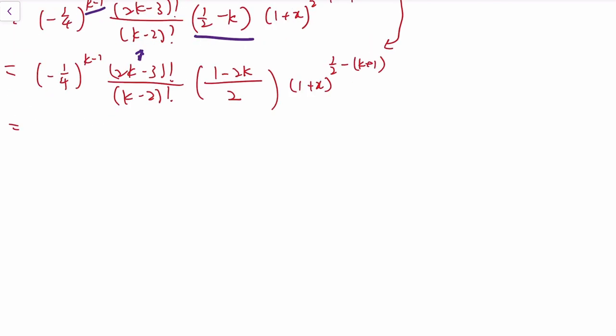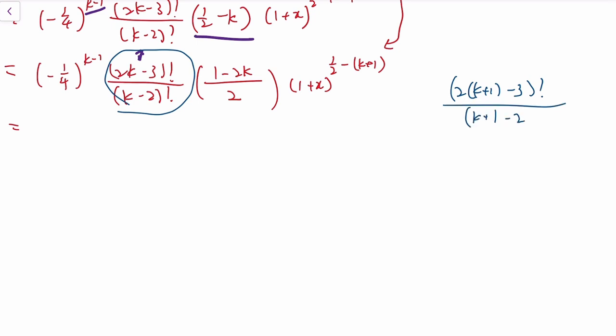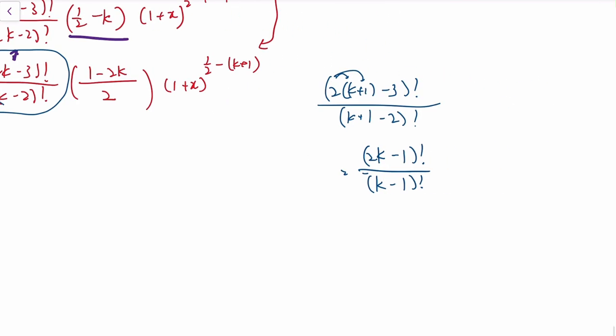So we can go to the side and kind of think what we need. If the k has to increase by 1, we should have 2k plus 1 minus 3 factorial, and k plus 1, and then minus 2 factorial. So we are looking for 2k, expand 2k plus 2 minus 3, so 2k minus 1 factorial over k minus 1 factorial, which is, of course, 2k minus 1 times 2k minus 2 times 2k minus 3 factorial, and k minus 1 times k minus 2 factorial.